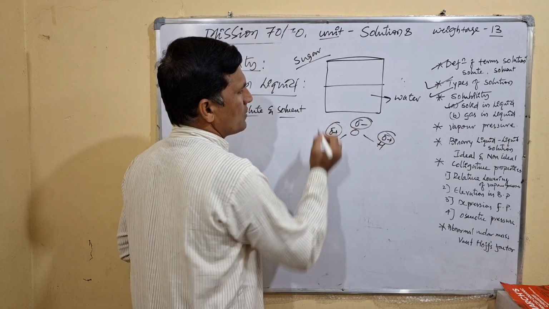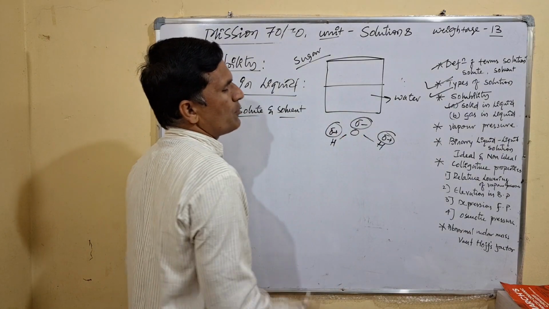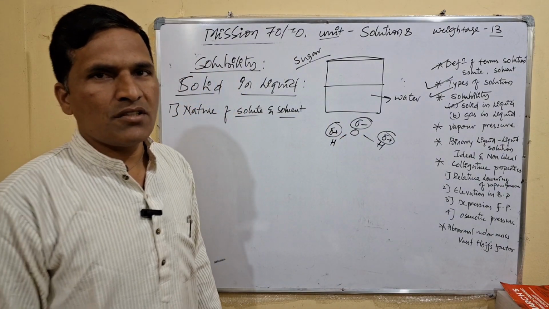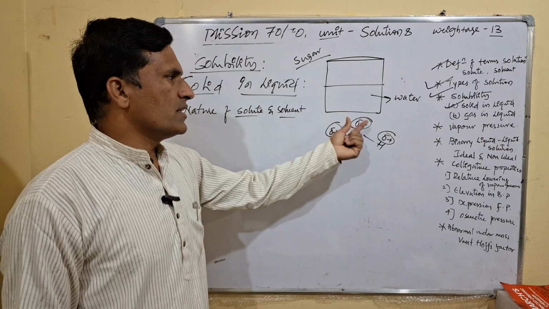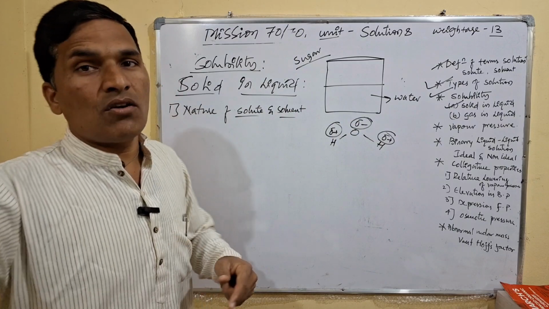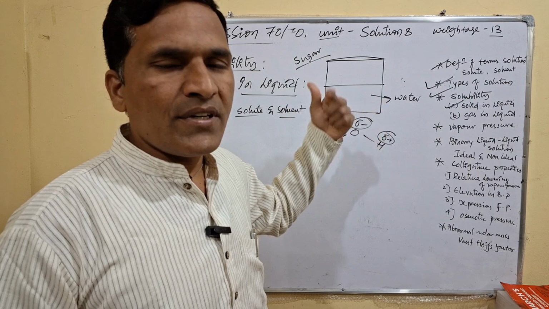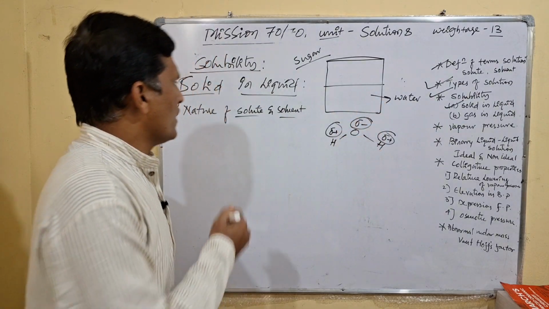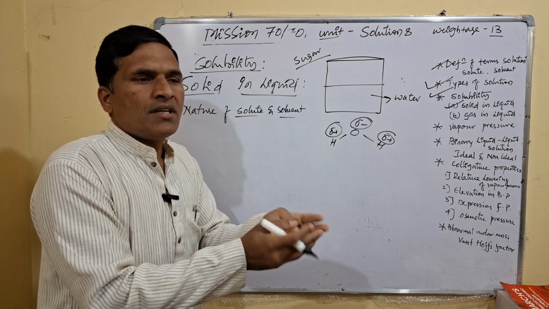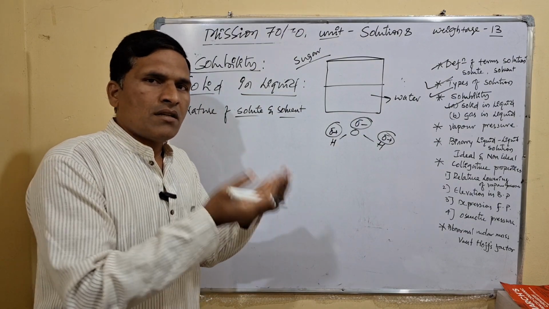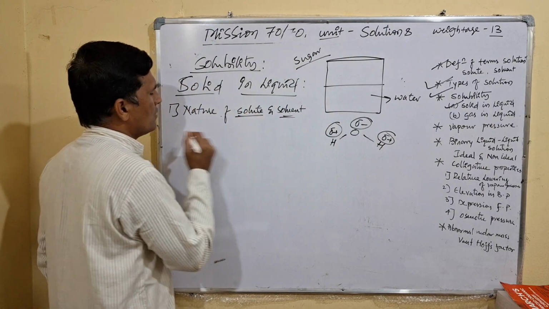So it is polar. Now suppose if you try to dissolve non-polar compounds like methane, it is insoluble because it is non-polar. If the solute also has partial charges, then readily it is soluble in water. If it is not having, it is not possible. So therefore like dissolves in like. Polar compounds are soluble in polar solvents and non-polar compounds are soluble in non-polar solvents. Okay, so you should remember that. That is the nature of the solute and solvent.